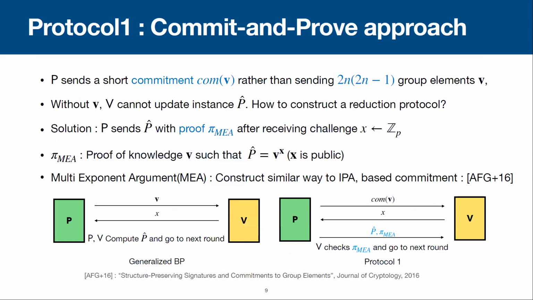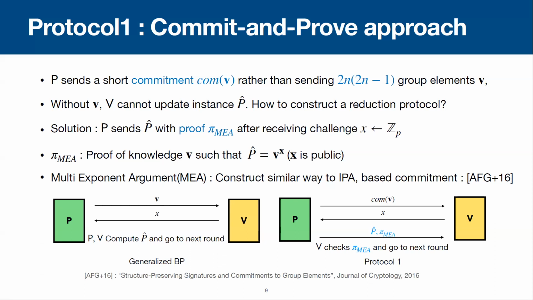To reduce communication cost, we apply the commit and proof approach. The prover sends a short commitment rather than sending the 2n-1 group elements V. But without V, the verifier cannot update to the next instance P hat. Then how to construct a reduction protocol? The solution is that the prover sends the updated instance P hat with proof pi after receiving the challenge.